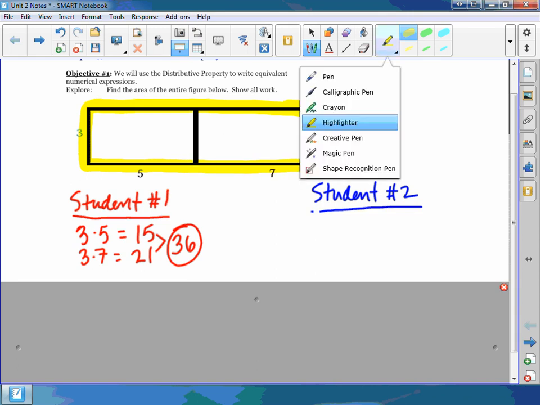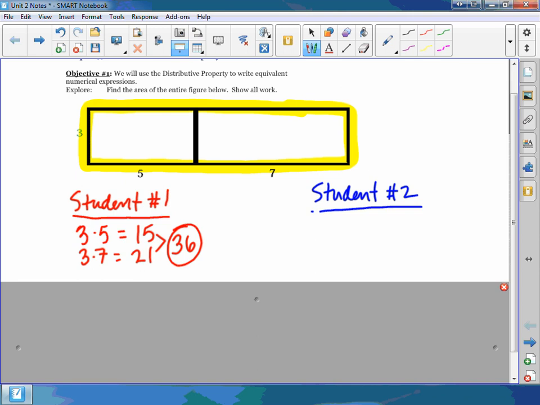In order to do that, you need length and width. You already know this dimension right here. They're going to take this length here, combine it with this length, and say the length of that second side, call it length or width, it doesn't matter, is 5 plus 7, or 12.